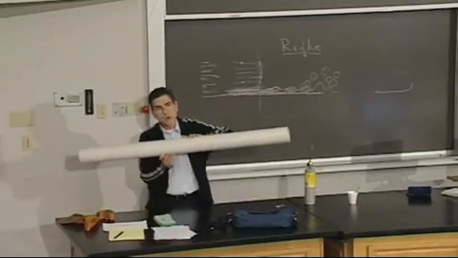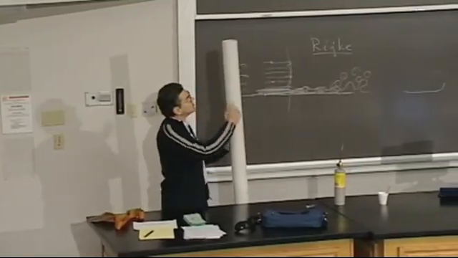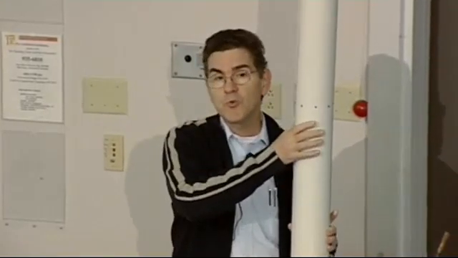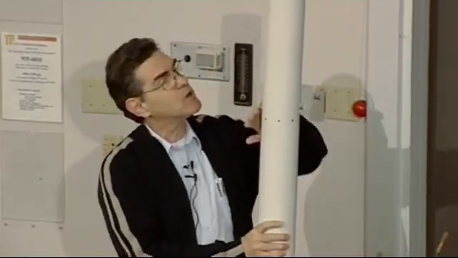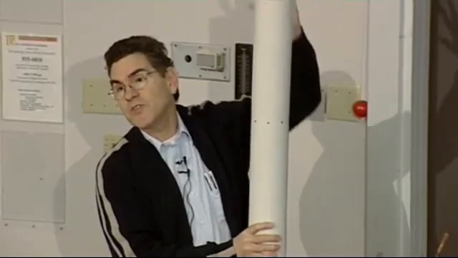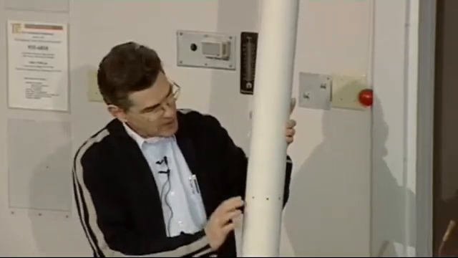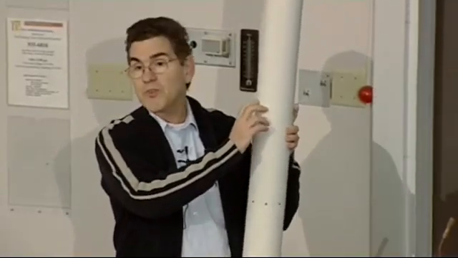Now, if I hold the tube this way so that the hot wire is near the top of the tube, the airflow in the tube will remain laminar until it goes out the top of the tube and nothing will happen. But if I hold the tube this way, what we hope will happen is that the air in the tube, as it rises, will gradually become more and more turbulent, and there will be eddies of all sizes created in the tube.